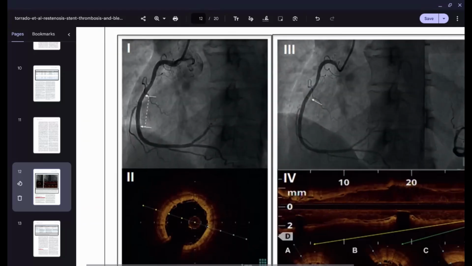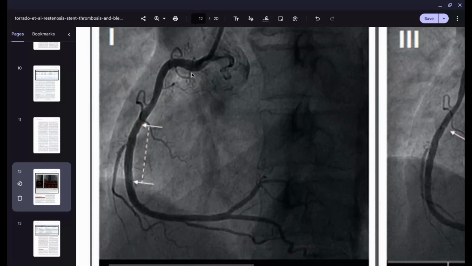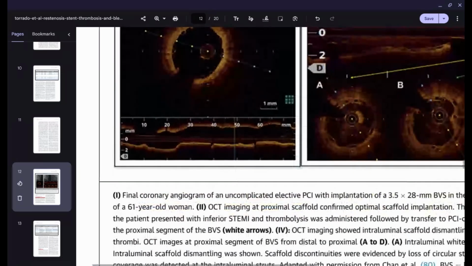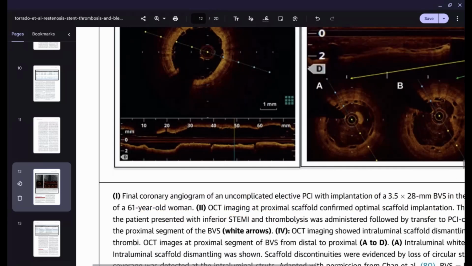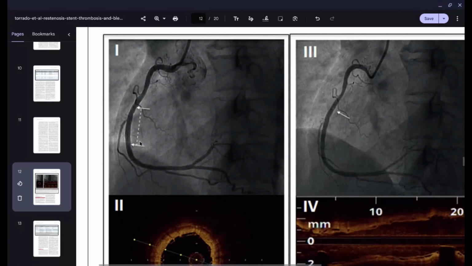There are three major coronary arteries. You are looking at one of them that supplies the right-hand side of the heart. They have put a stent here as indicated by the arrow. Figure 1 is soon after implantation. So this is an uncomplicated PCI, no complication during the intervention.